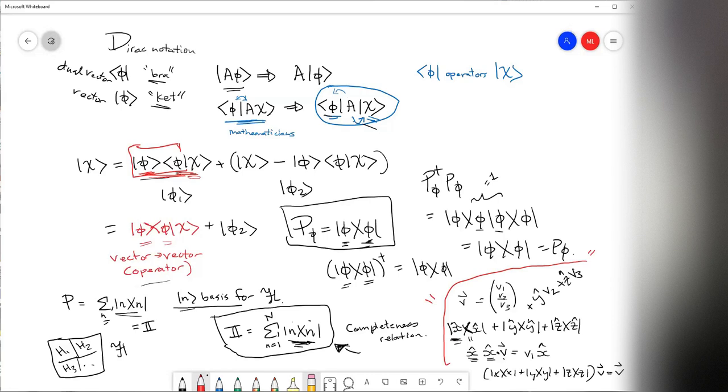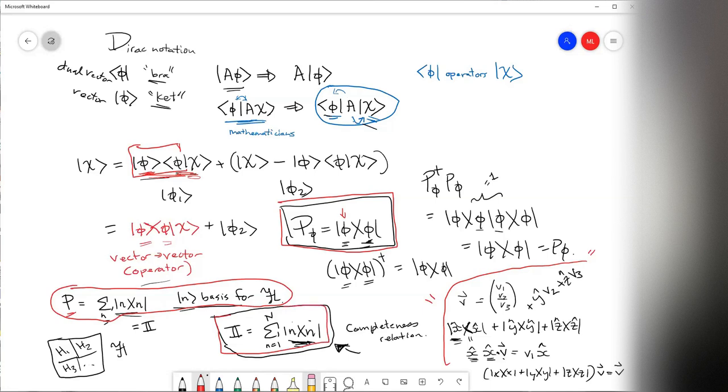All that's happening is that we're defining a projection operator using a vector in our Hilbert space, using the Dirac notation. It allows you to define these projection operators, and then using the property of projectors, it must be true that if you're using a basis and you're summing over all those projection operators, then this whole total thing must also be a projection operator, and it must in particular be equal to the identity.